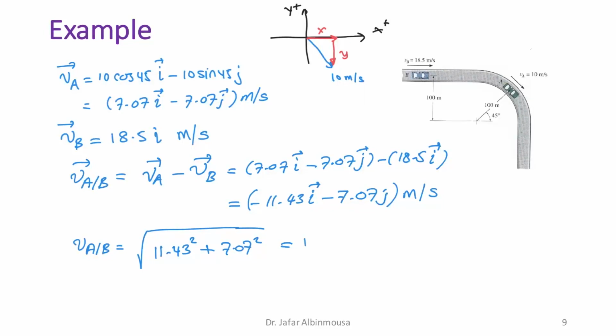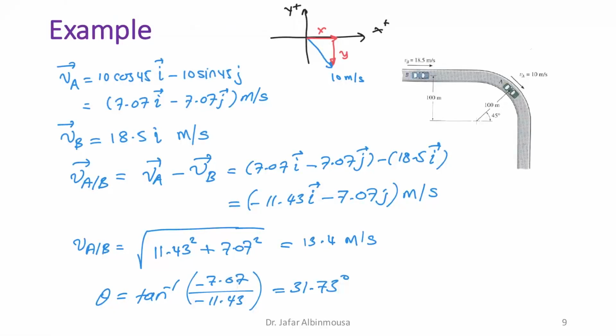So we are going to get 13.4 meters per second. Now, if we want to know the angle theta, it is equal to the tan inverse of the y component, 7.07, divided by 11.43, even if you put the minus sign they will cancel out, which is going to be 31.73 degrees.